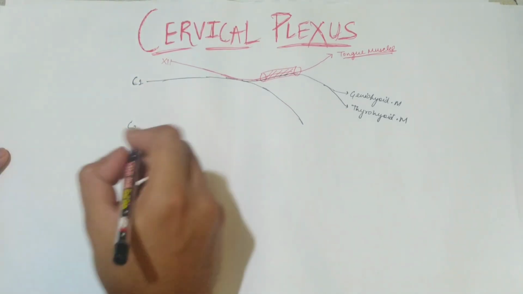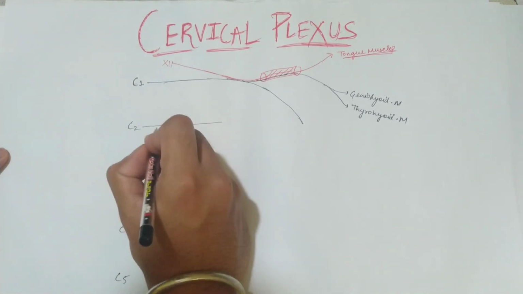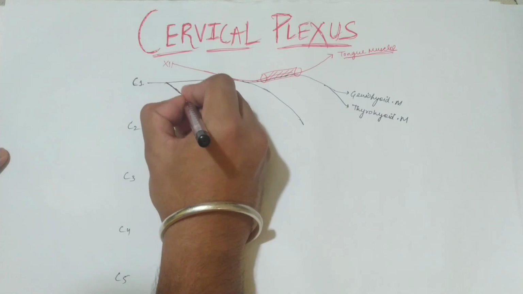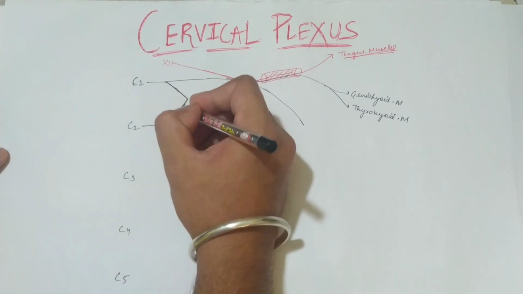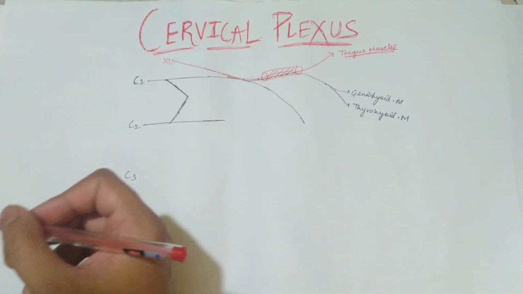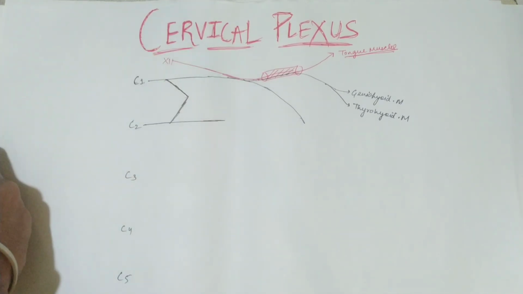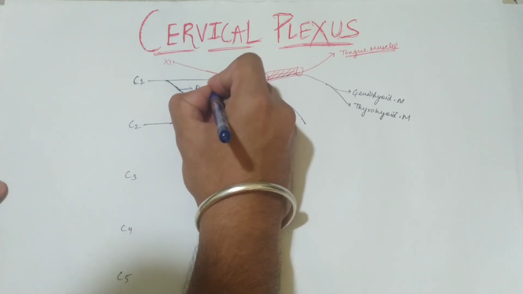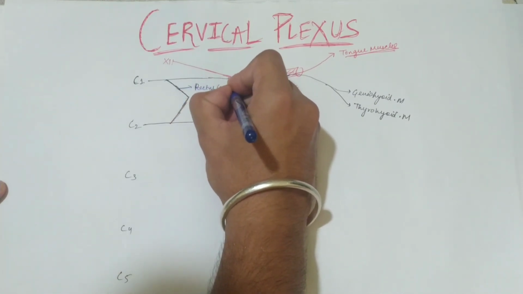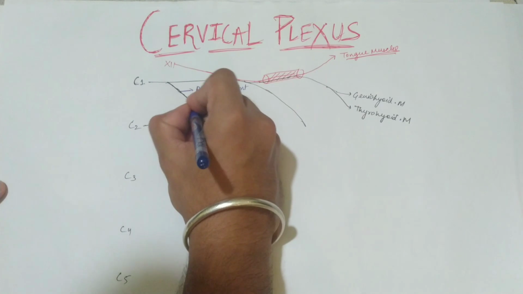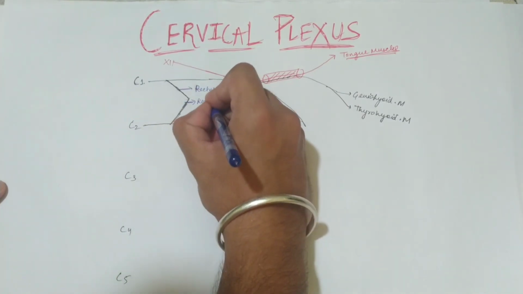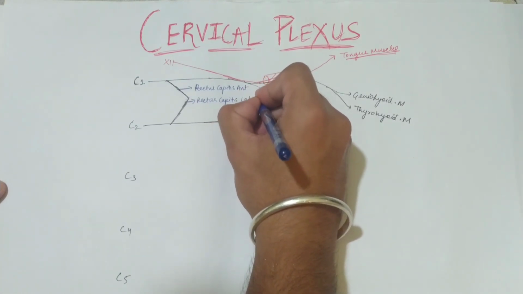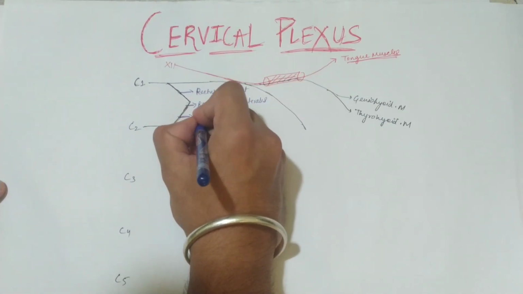Now this is your C2 root. C1 along with the C2 root give some muscular branches to our deep neck muscles. The first muscle is the rectus capitis anterior, the second is the rectus capitis lateralis, and the third is the longus colli.